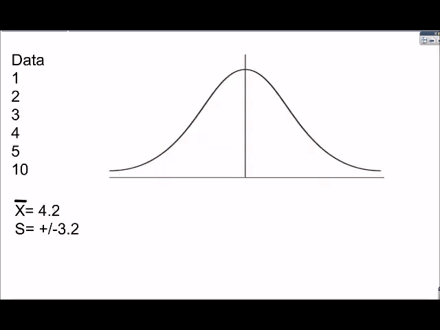Our average, again, was still 4.2. And 1 standard deviation away is going to be 1 and 7.4. So that means that 68% of people fit between having $1 in their pocket and $7. Now let's compare that to our data. 1 to 7. Well, yeah, 5 of our 6 pieces of data fit in that window.